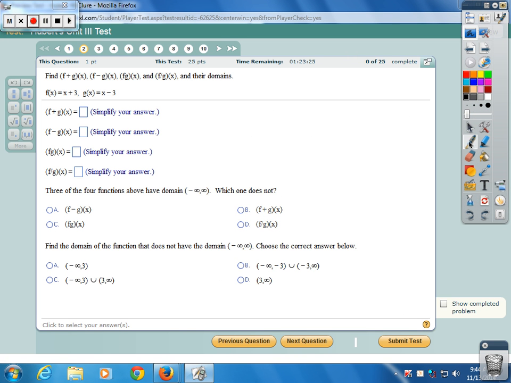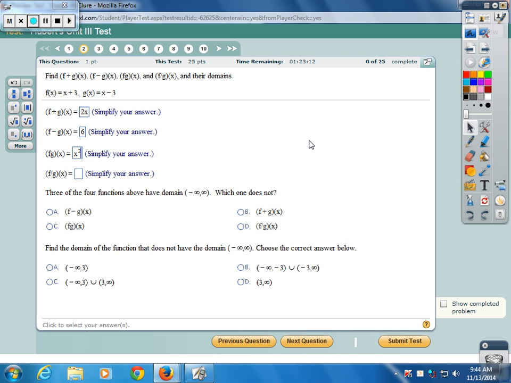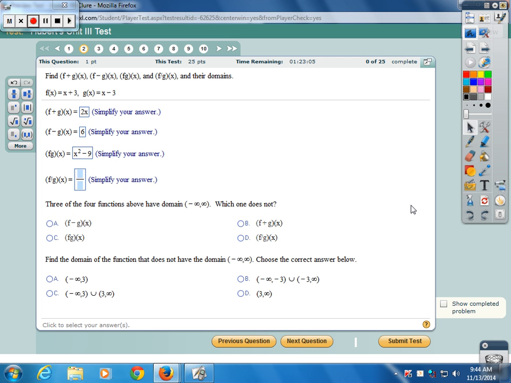I'll go ahead and type it in for you. What's the first one? 2x. The second one is what? 6. The third one is x squared minus 9. And the fourth one is, you might want to type fraction bar and put x plus 3 over x minus 3.